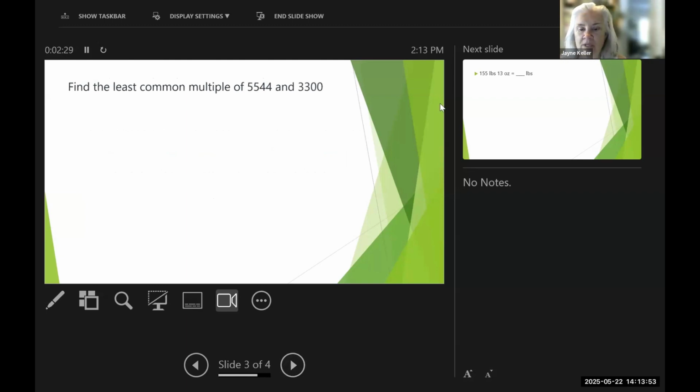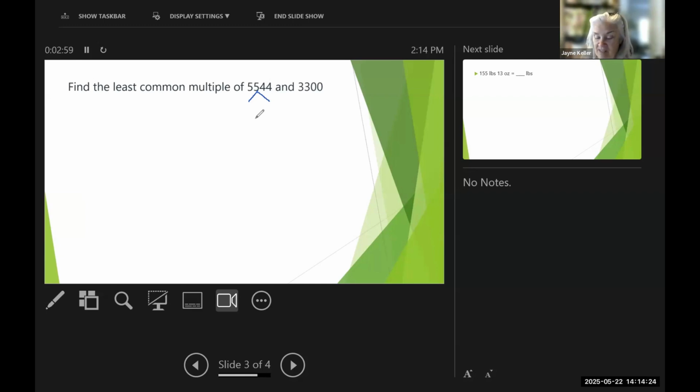All right, okay, here's a big one. Here's where I really wish my pen were working because I am not good trying to draw these with the mouse. Okay, so to find the least common multiple, I'm going to make a little factor tree here. Normally I would start with 2, but I noticed that 4 is actually going to go in because 4 goes into 44, those last 2 digits.